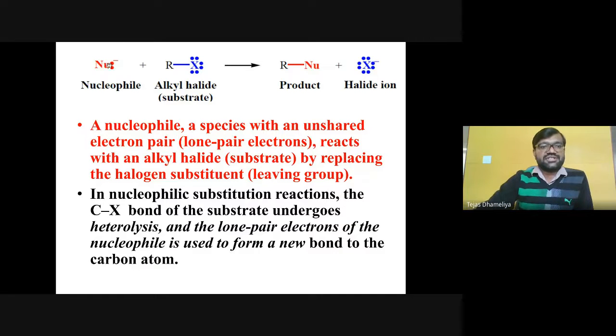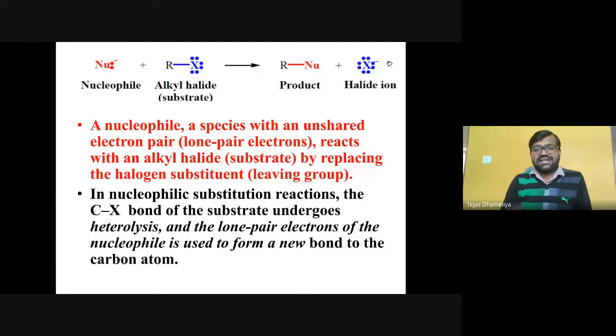So in this reaction, generally this nucleophile will react with alkyl halide. So it will form this product along with the removal of this halide ion. Now let us understand this reaction.